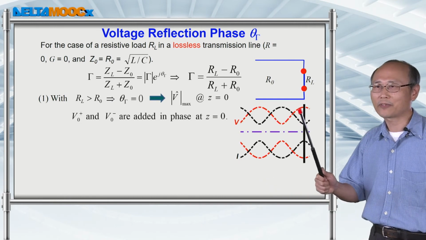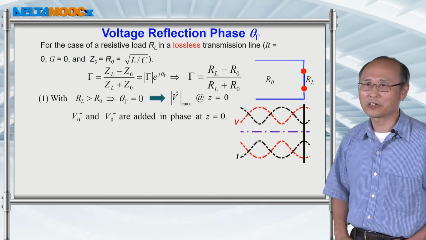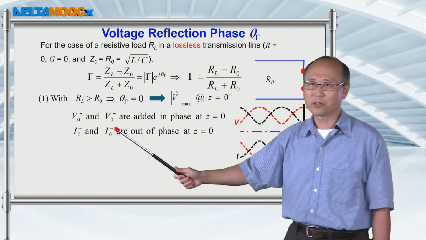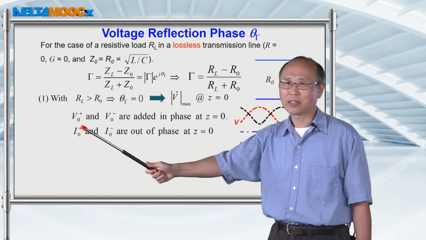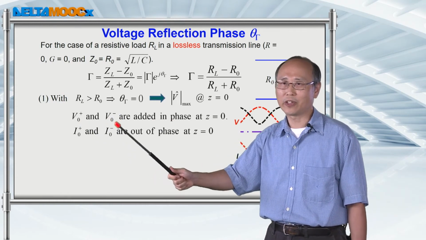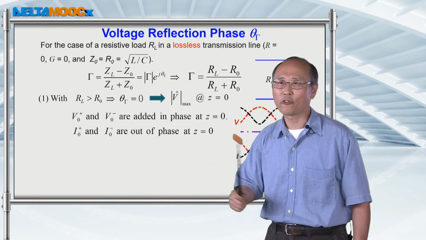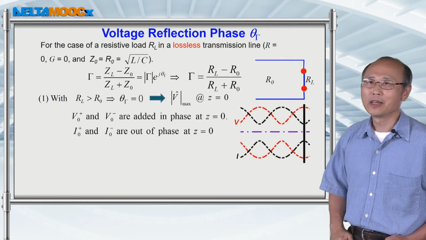Whenever you have a maximum value for your voltage, then you have a minimum value for your current. We can also conclude that whenever the forward voltage is in phase with the backward voltage, your forward current and backward current will be out of phase, which gives you the minimum value at the boundary.